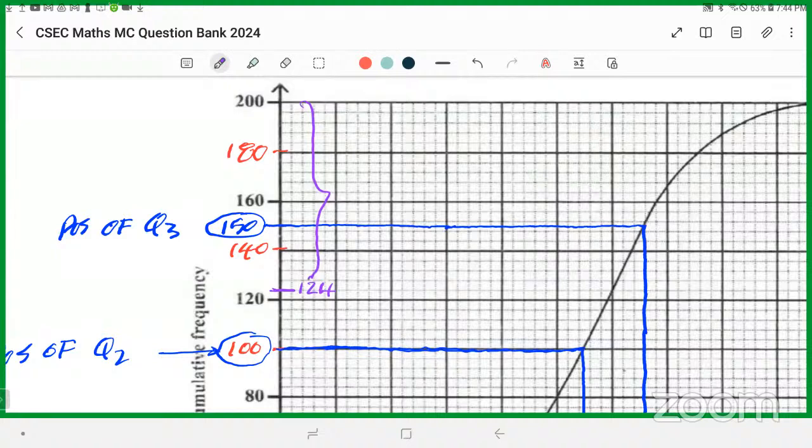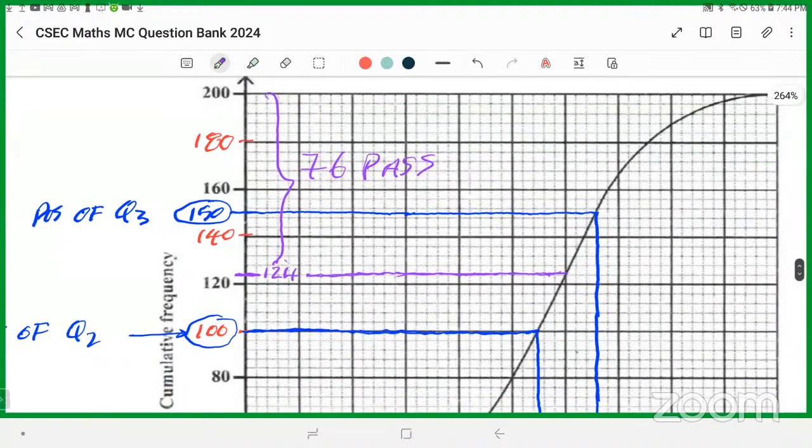76 passed the test at the top. So if you want to pass the test, you have to at least get the mark of the 124th person. So you come across on the graph at the 124 line here. That's 124, and you read that mark down. This is the mark you must get to pass the test.